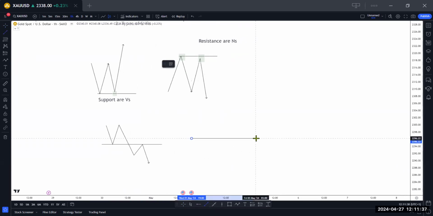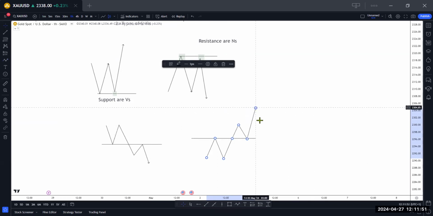So for resistance situation, you have something like this, and then this is your resistance, right? So you're expecting price to sell from here, but no, that did not happen. Price broke, then price will tap this way as support and start to go up. So this N right here will become your V. Resistance becomes support, right?